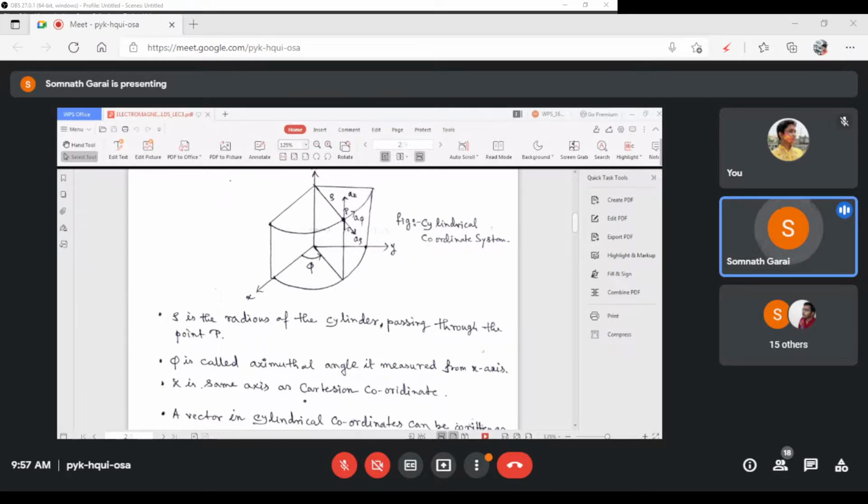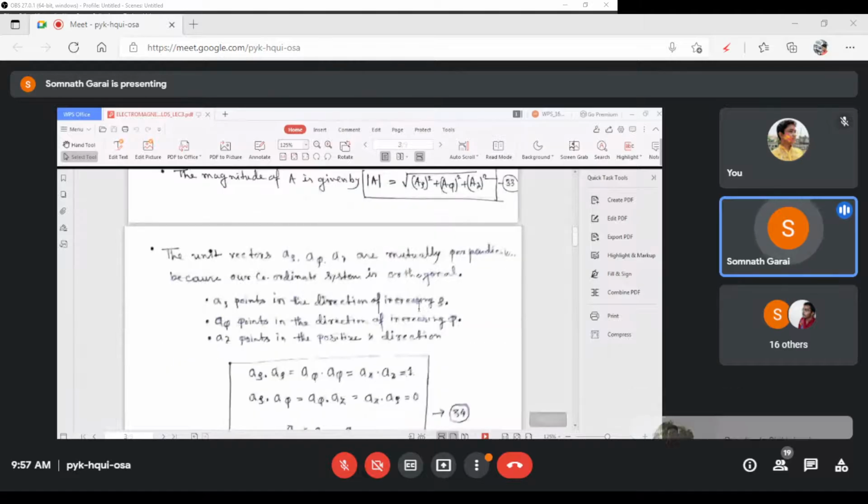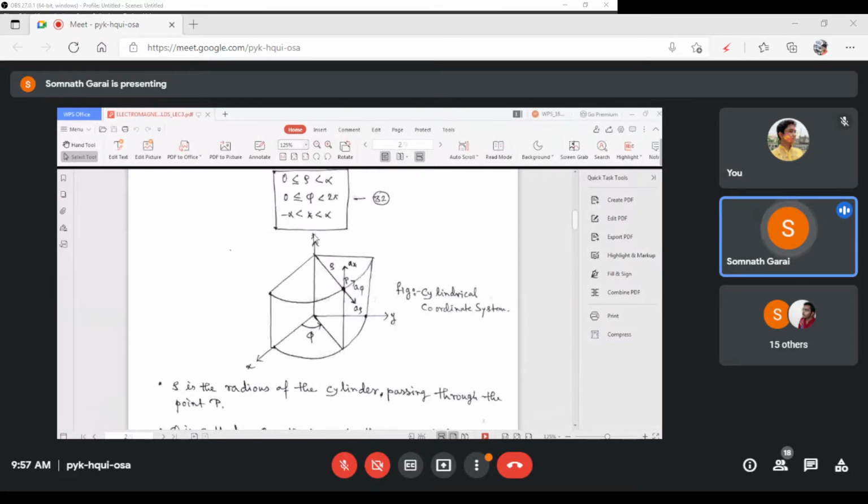And the direction of az, the unit vector of the z direction, is the positive direction of z. So these are the three directions of the three unit vectors of rho, phi, and z.